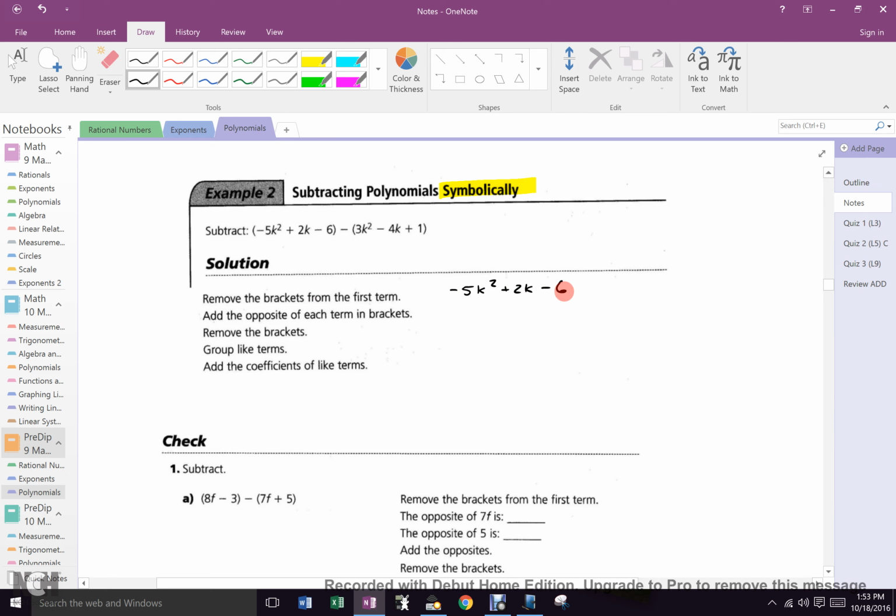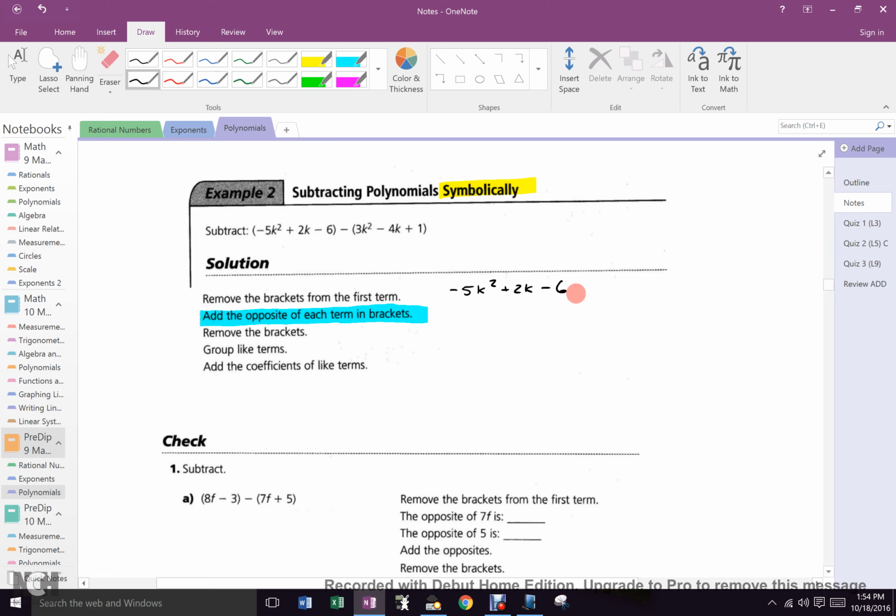Oh, there's a catch. What is it? Because it says minus and then bracket, actually there's a -1 inside, and so it multiplies with each of them, and then it turns opposite. What truly is subtraction? Adding the opposite.